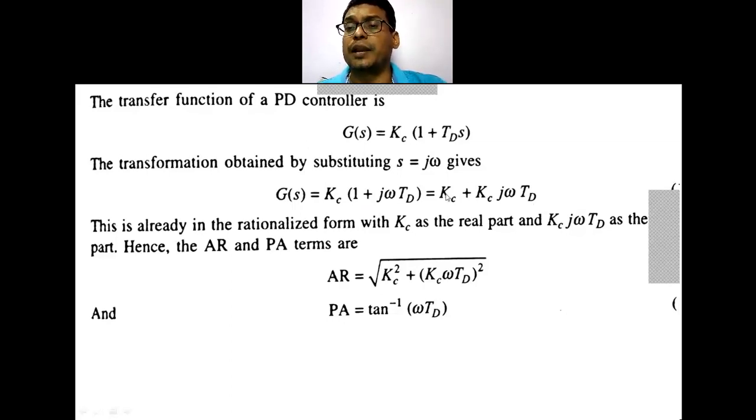So a real part and an imaginary part will be there. So real part square is Kc square and imaginary part is Kc omega tau d whole square, and theta is equal to tan inverse of imaginary part upon real part.